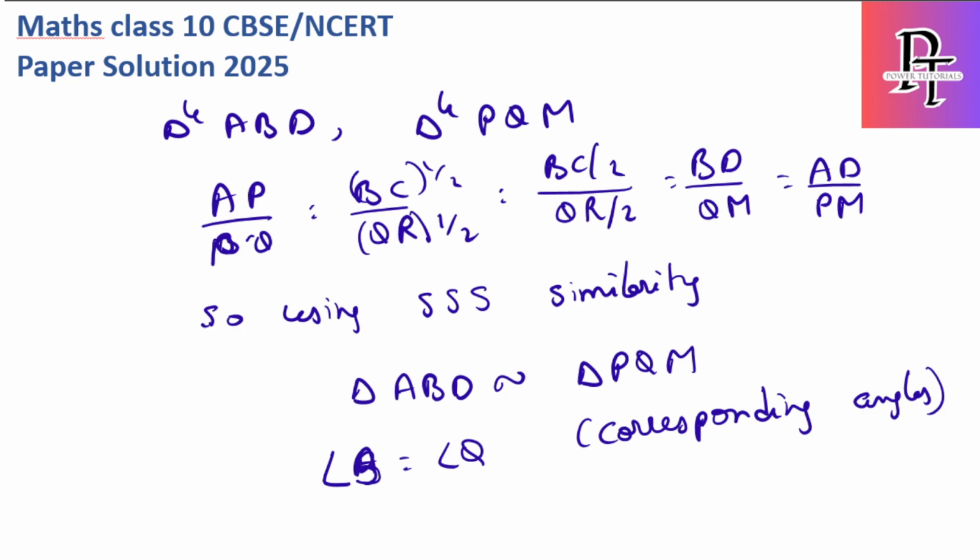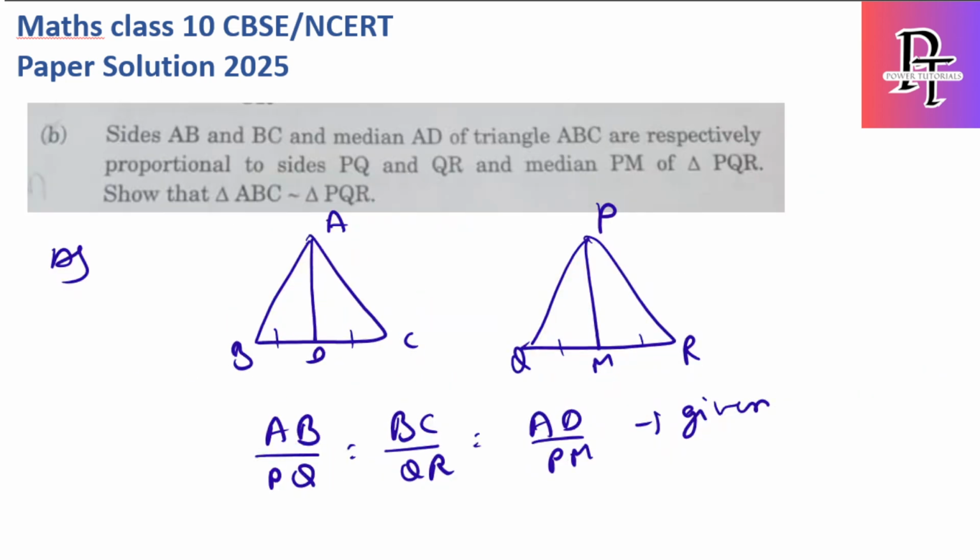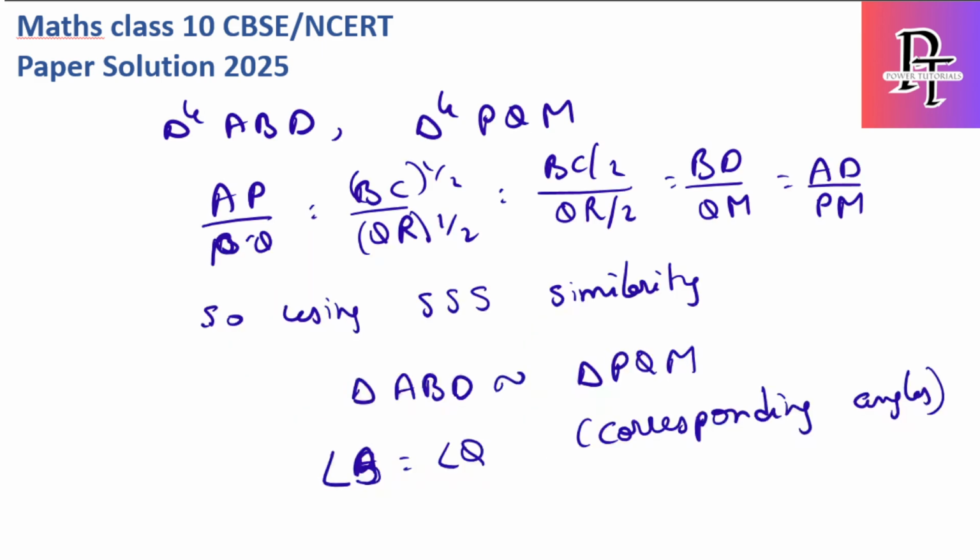So for the big triangles, if you consider ABC and PQR, we have one angle equal and two corresponding sides proportional.